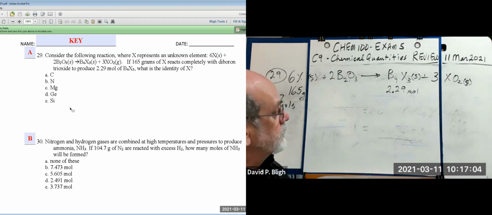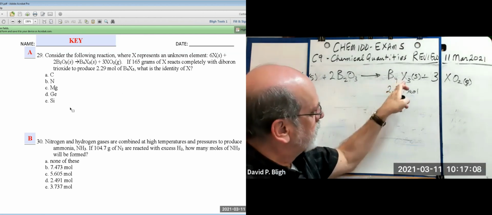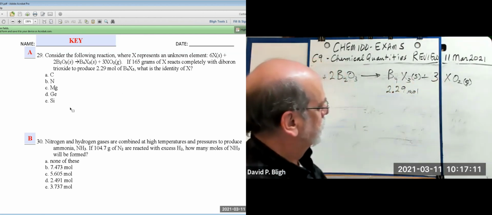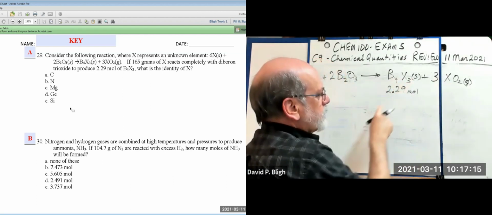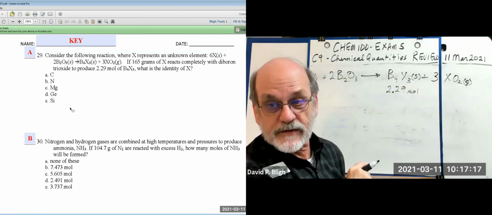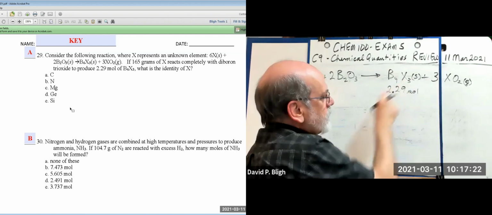You know what else we can do? The total moles here is the number of moles there plus the number of moles here. So this many moles of B4X3 is how many moles of X? For every one of these, you've got 3 of those.